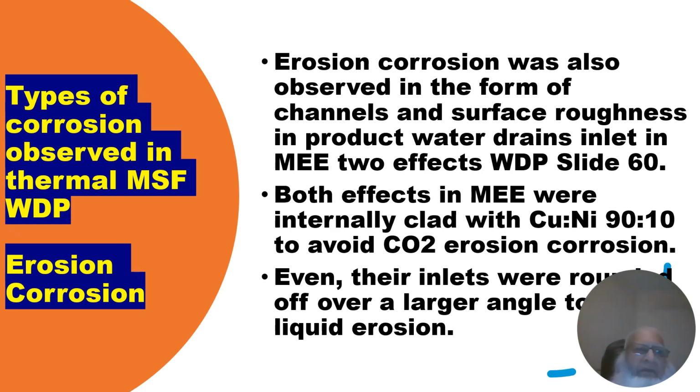It continues the erosion corrosion shown in the previous slides. Erosion corrosion was also observed in the form of channels and surface roughness in the product water drains inlet in MEE effect 2 of the water desalination plant, as shown in slide 60 of the overall presentation, whereas these slides will appear as we go on.